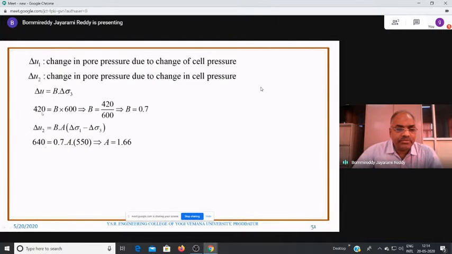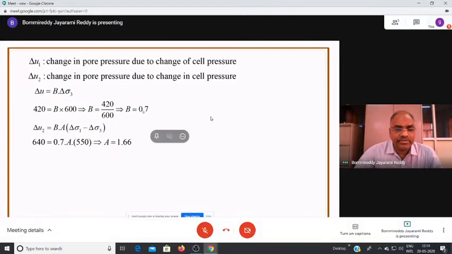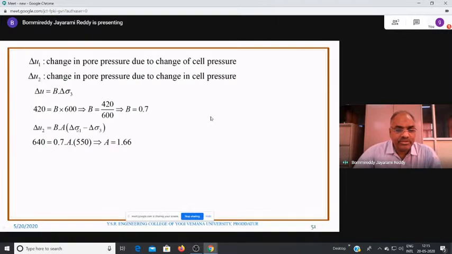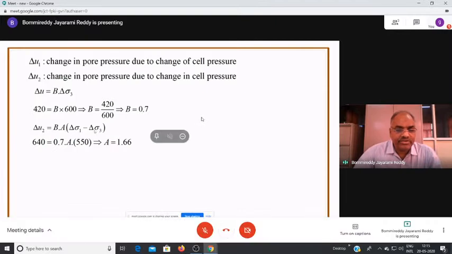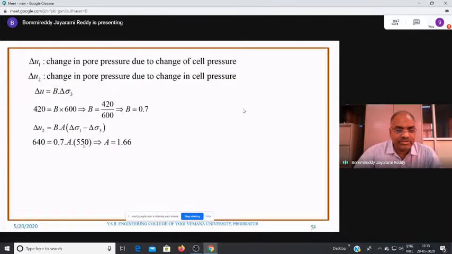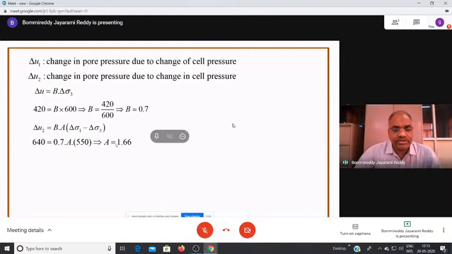So delta U1 is 420, delta sigma 3 is 600. Accordingly, you will get B. And delta U2 equal to B into A into this. Sigma 1 minus sigma 3 is called the deviator stress. That is given, 550. And delta U2 is 640, so you will get A.